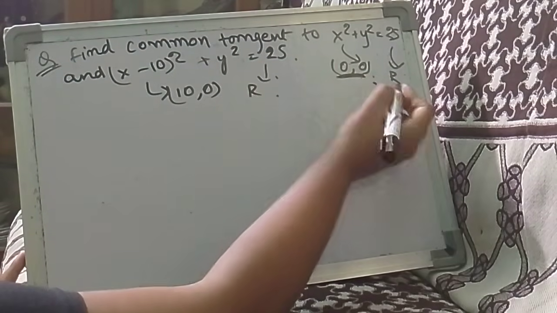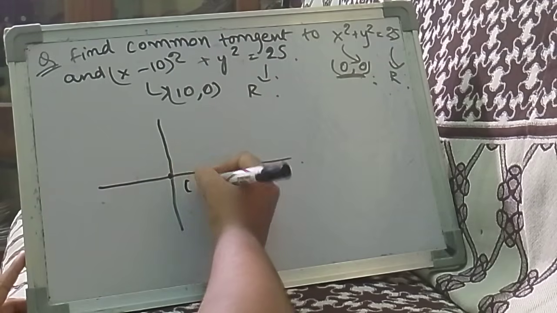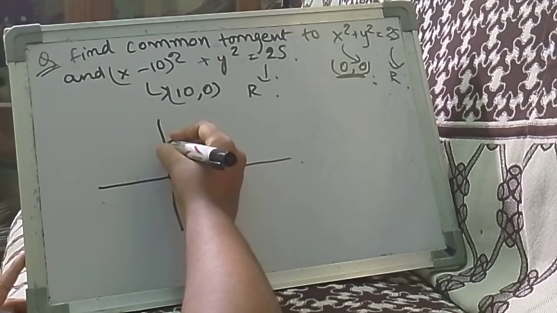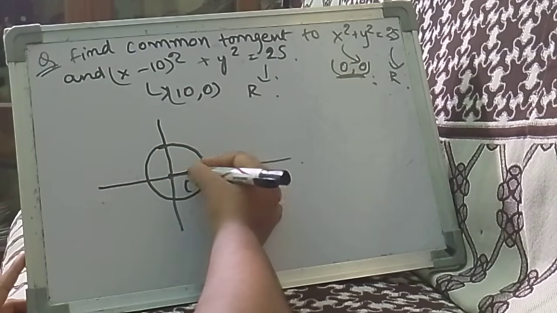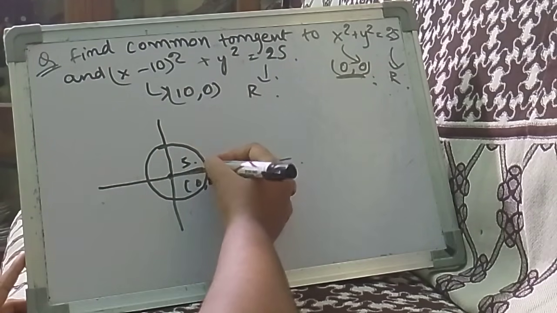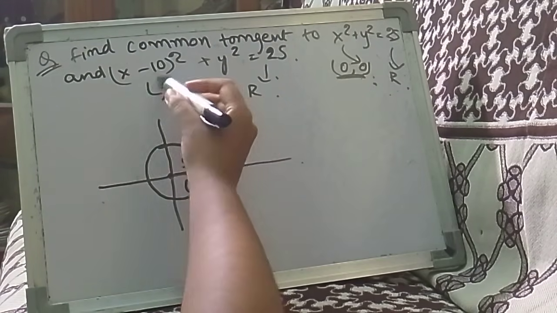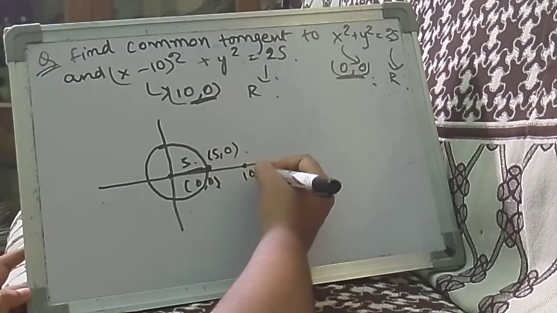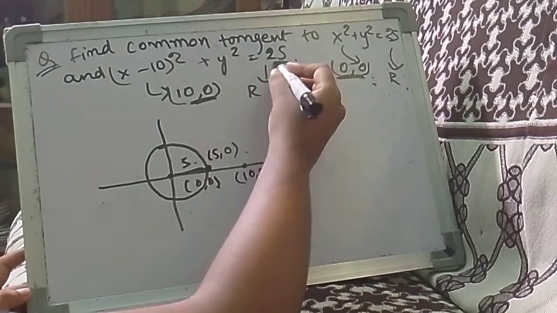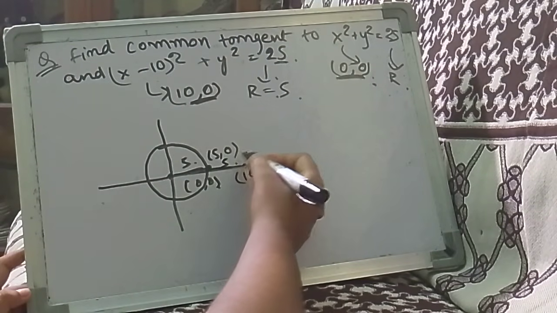If this is the axis, this is (0, 0). This circle is passing from here and its radius is 5, so this point becomes (5, 0). The second circle's center is at (10, 0), so this point is (10, 0), and this radius is also 5.